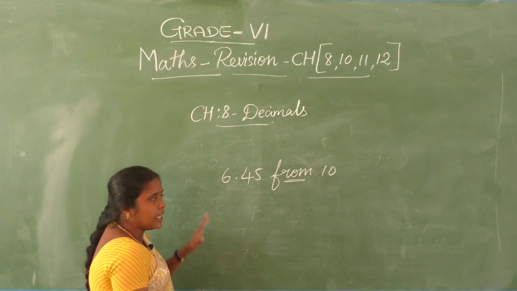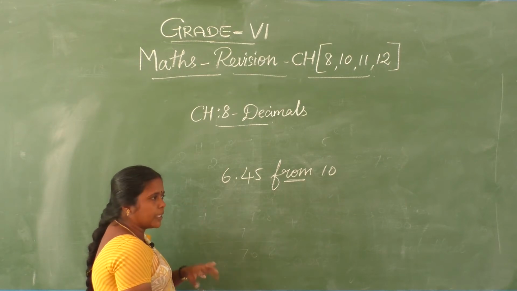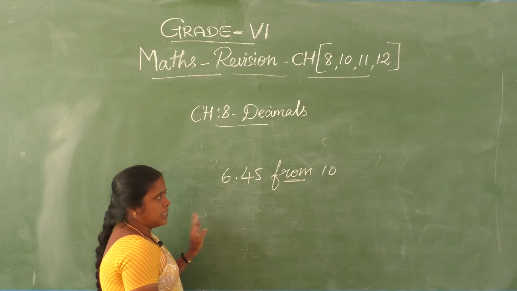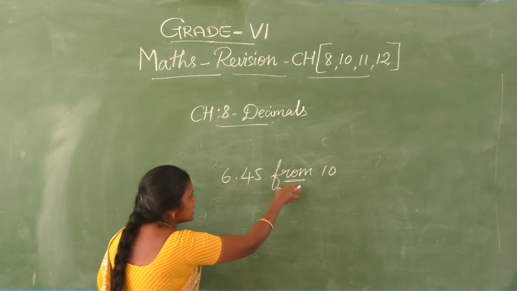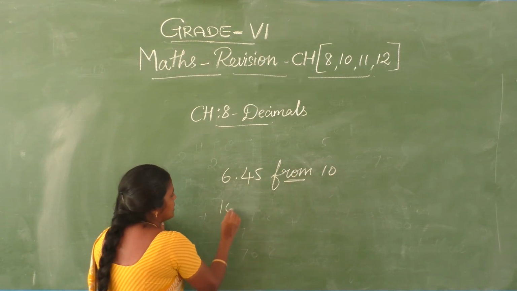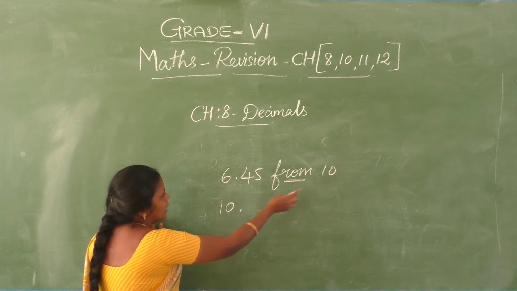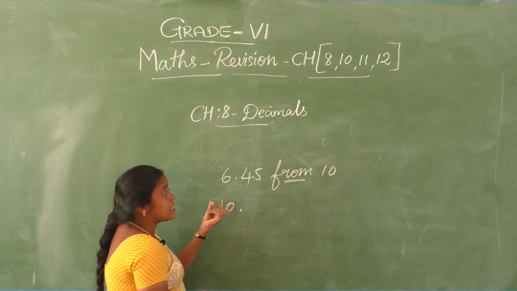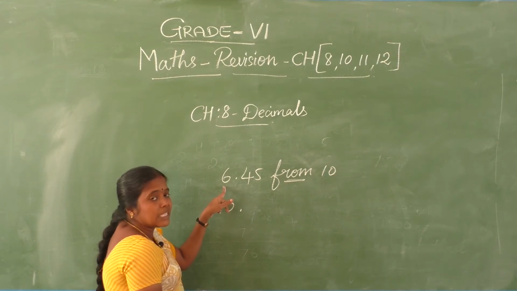No problem, the answer will be equal. But in subtraction, the bigger number always comes first. Clear? So subtract this number from that, so you have to take that as the first number. Actually 10 is a whole number, but the number being subtracted from it is the decimal number 6.45.